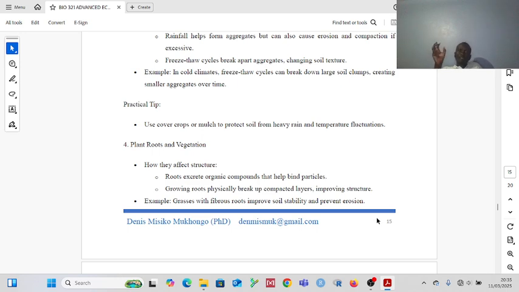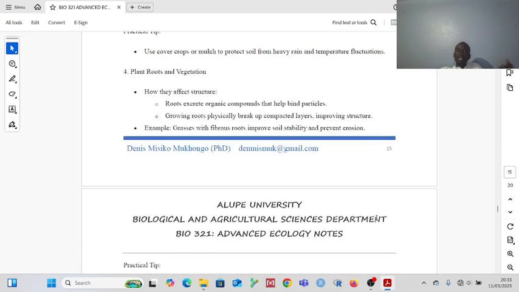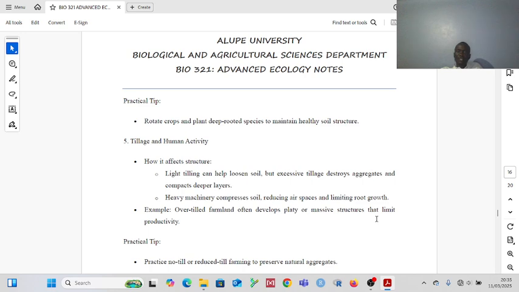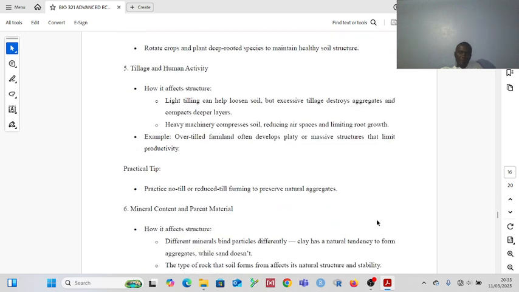So the roots of vegetation will help to stabilize the soil and prevent erosion. Then the same roots will help in breaking down the compacted layers so that they now become smaller. What was initially too big now becomes smaller.